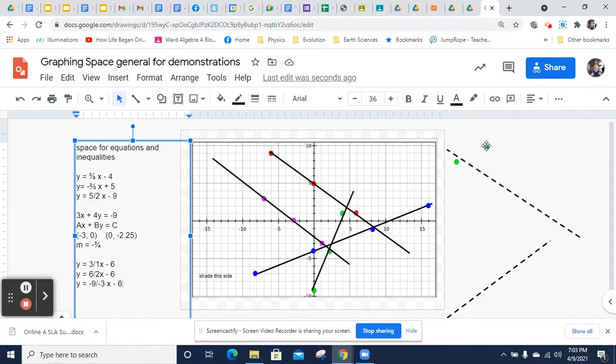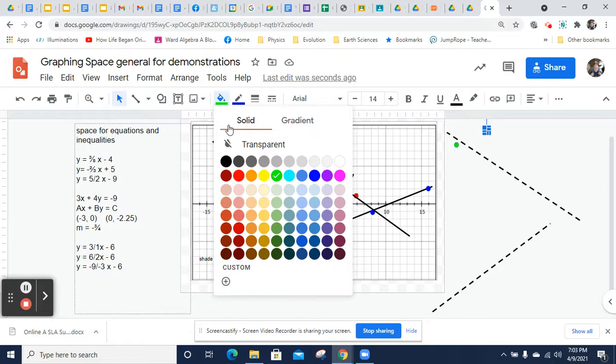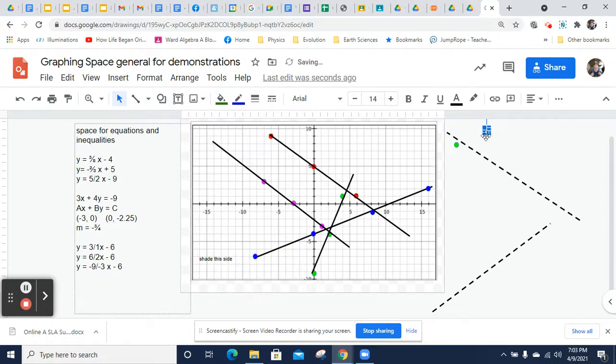So I will grab a point here. Let's make it another color, olive green. Our first point is our y-intercept, which will be at -6, because there's the y-intercept at -6. Now I'm going to copy that point and make another point.